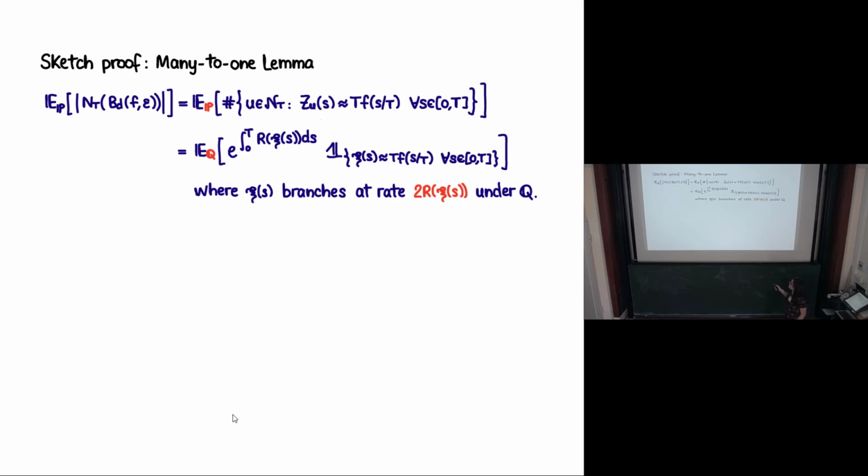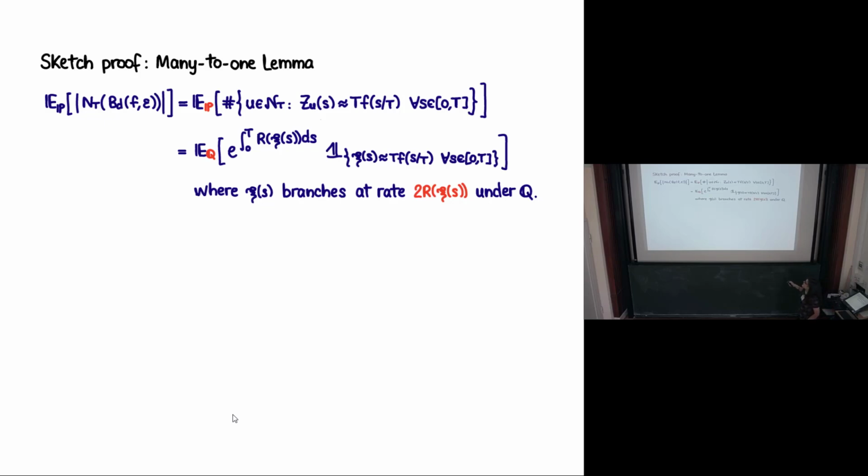What the many-to-one lemma says is if you start from an expectation that involves all the particles in a generation big T, we can change this expectation into another one which just involves one particle, psi, which is going to be a spine, just an infinite line of descent. The way you change the expectation is by looking at a different probability measure Q, and your spine will branch twice as fast as particles in the original branching system.